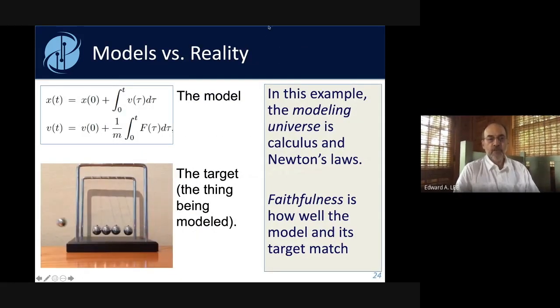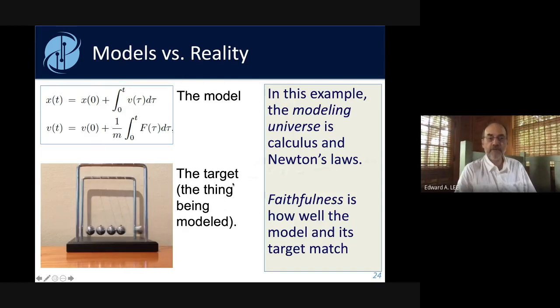Right, so suppose that we use Newton's laws to describe the motion dynamics of a simple system like this Newton's cradle. Okay, now Newton's cradle is going to take a little more than Newton's laws because it has the collisions between the balls. So it fits very nicely the examples that I've shown before. But nevertheless, you have a modeling universe where you can write down Newton's second law, as you can see at the top of the screen here.